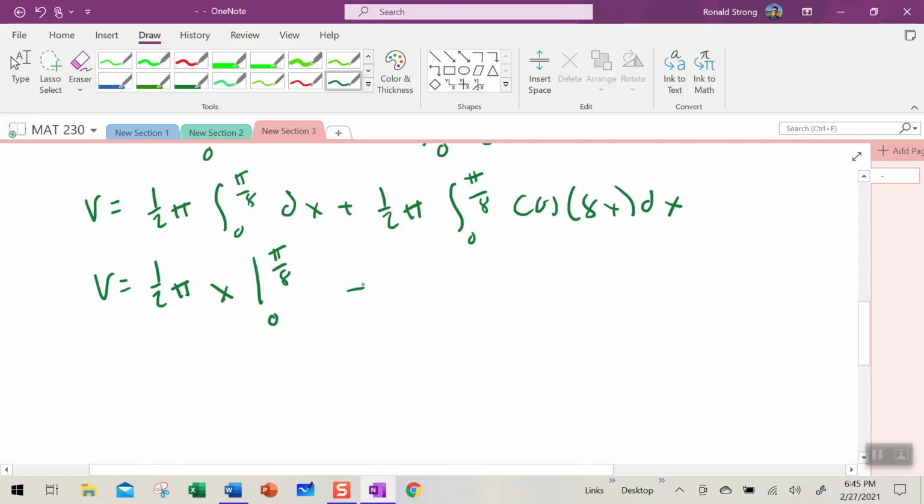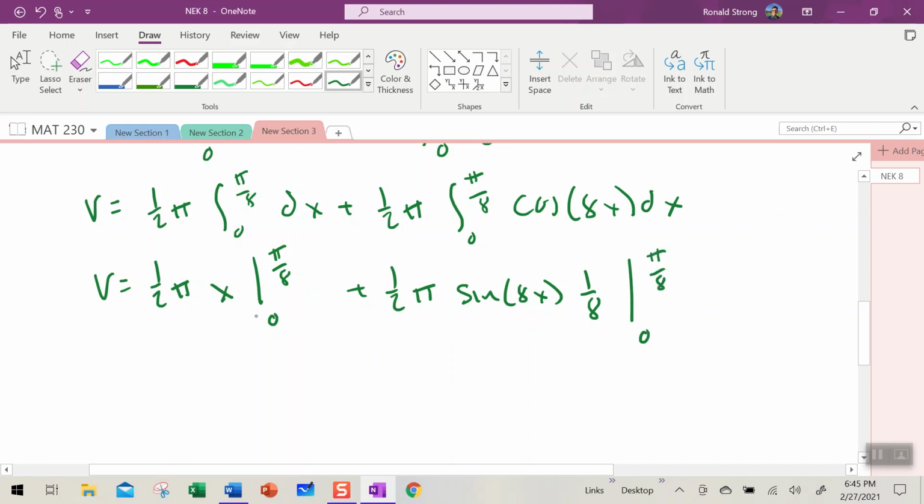And then over here, we're going to have 1/2 pi. And because this is going to be a u substitution problem, first of all, the antiderivative of cosine is sine. So we're going to have a sine of 8x. And then we're also going to have that 1/8, which is going to be part of the u substitution for doing the cosine of u. All right, and then that is also going to be evaluated from 0 to pi over 8.